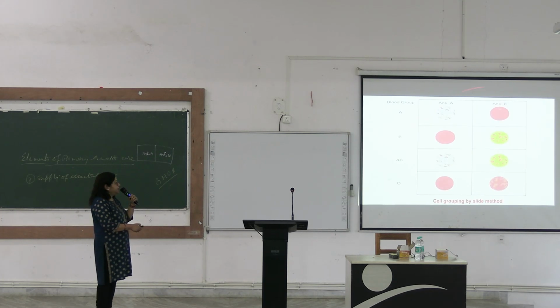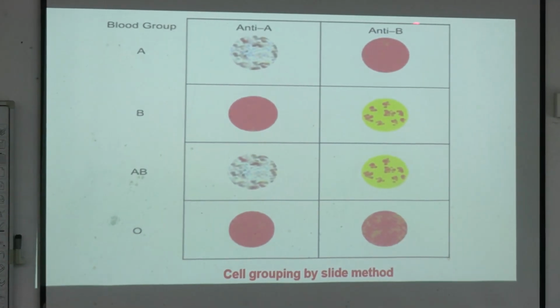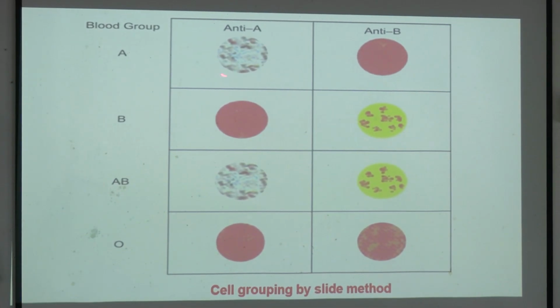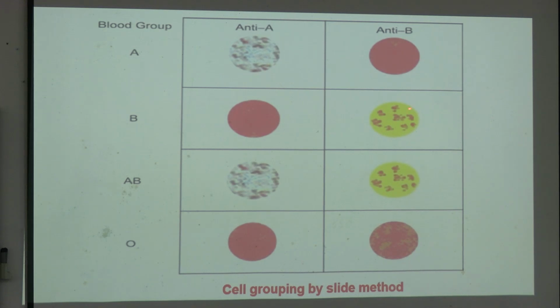Suppose the blood group is A, and anti-A anti-sera and anti-B anti-sera are there. So we will find agglutination occurring with anti-A in case of blood group A. That means the antigen is A and anti-B antibody is present in the serum. Similarly, in case of blood group B, agglutination has occurred with anti-B anti-sera.